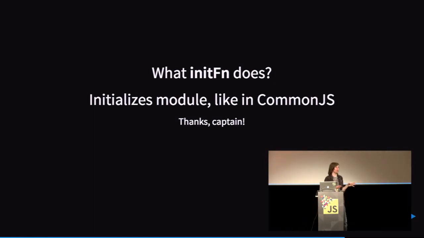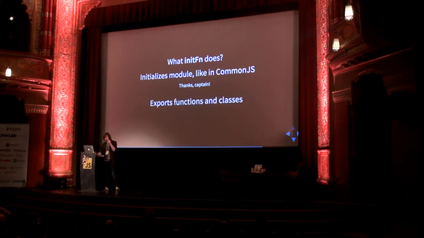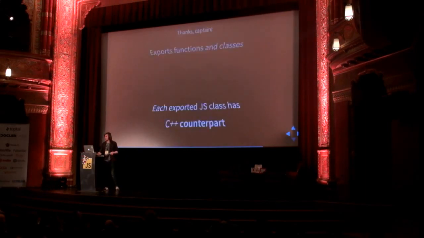When you require a module, it's actually executed only once, and then the result is cached. So this module gets an exports object as an argument, and C++ code just puts various methods and C++ classes on this object. So when process.binding is called, it returns an object, as we saw in the very first slides about the FS module.